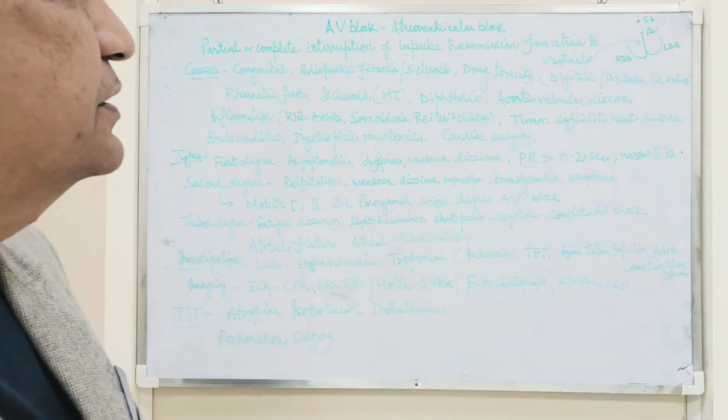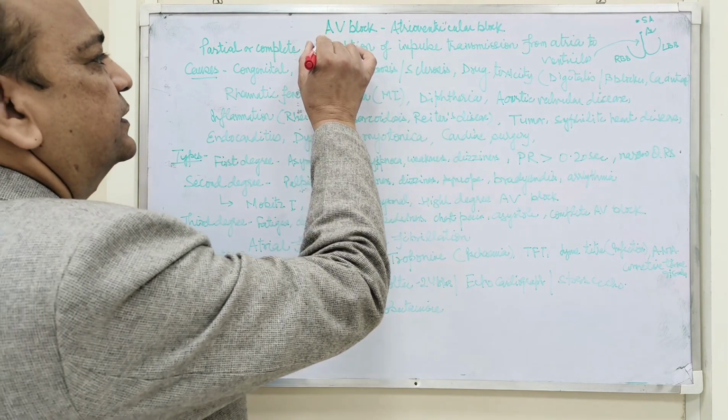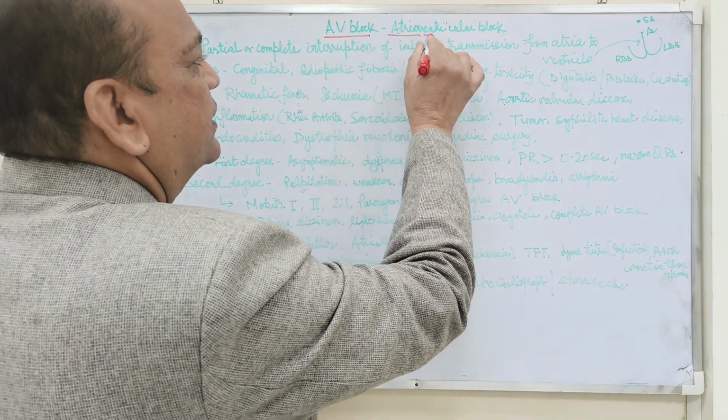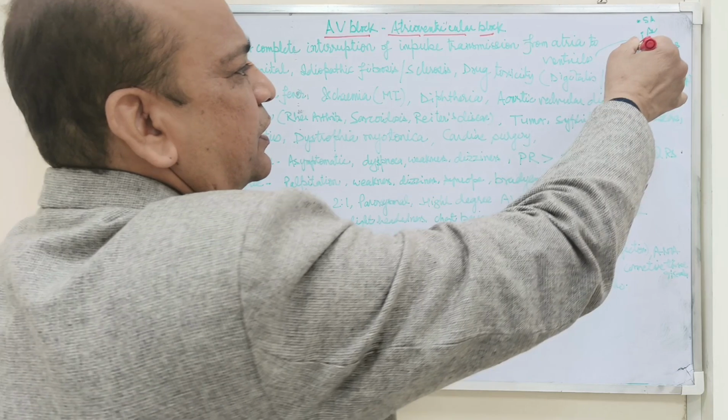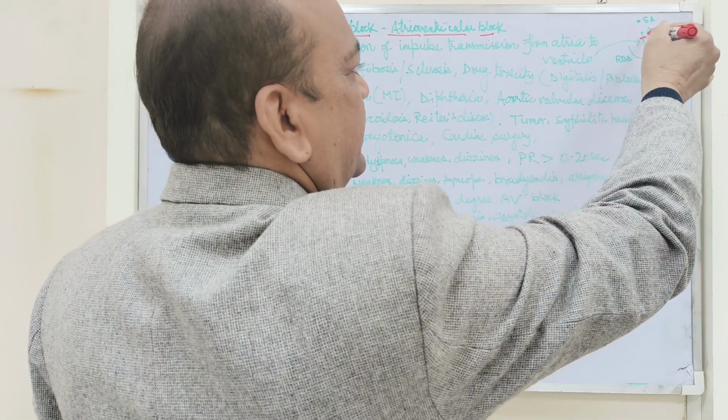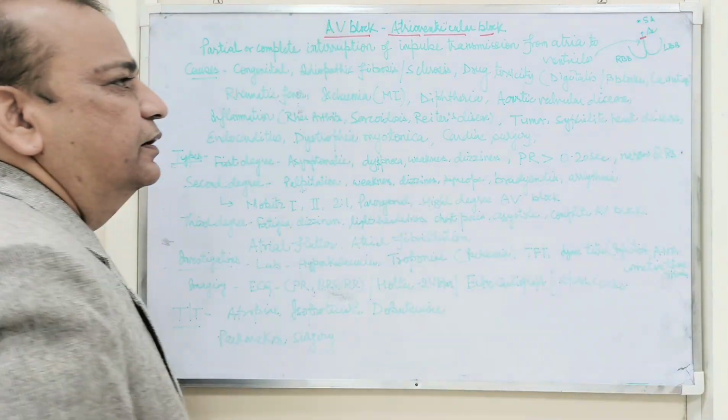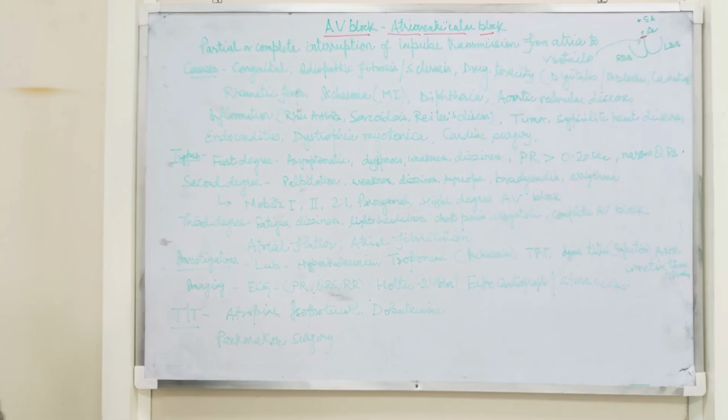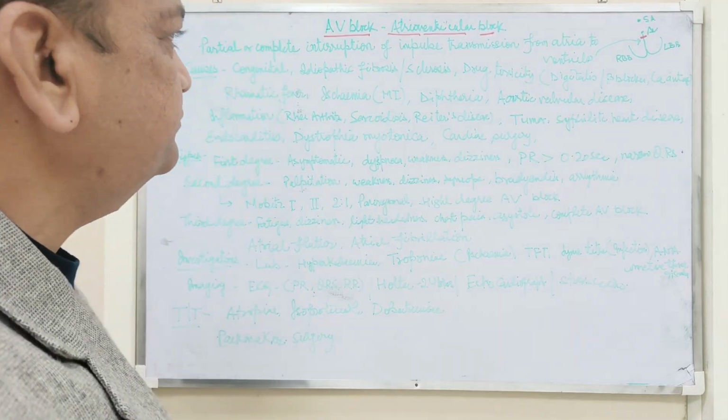So today we are discussing the AV block, that is atrioventricular block. The block occurs at the level of the atrium and ventricle, at the atrioventricular node.